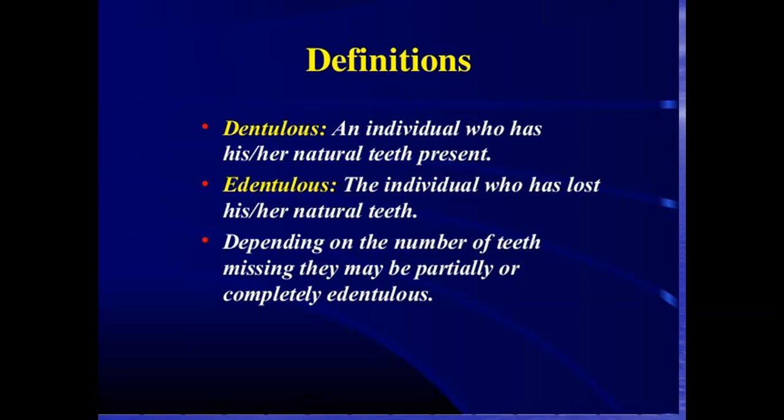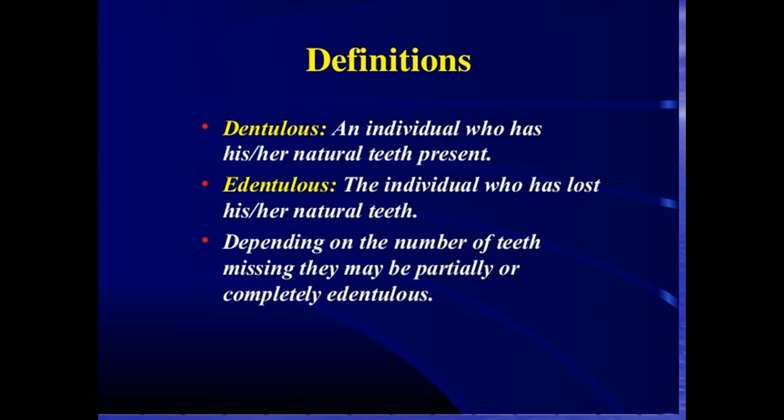So, what is dentulous? Dentulous is an individual who has his or her natural teeth present. Edentulous, thus, is the individual who has lost his or her natural teeth. So, when we talk about the number of teeth missing or present, people could be maybe partially or completely edentulous.